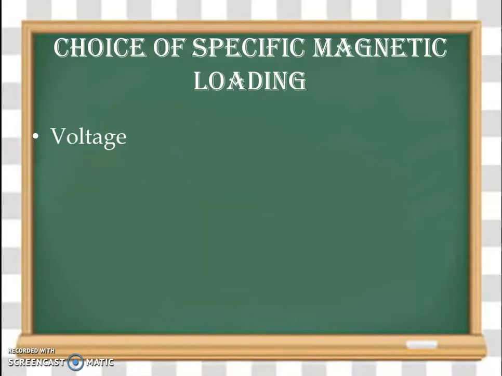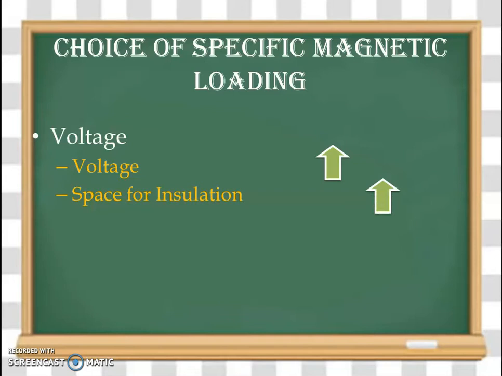Then our next point, that is voltage. If the machine is designed for higher voltage, then the space required for insulation will be higher. We know that insulation depends on the level of voltage.